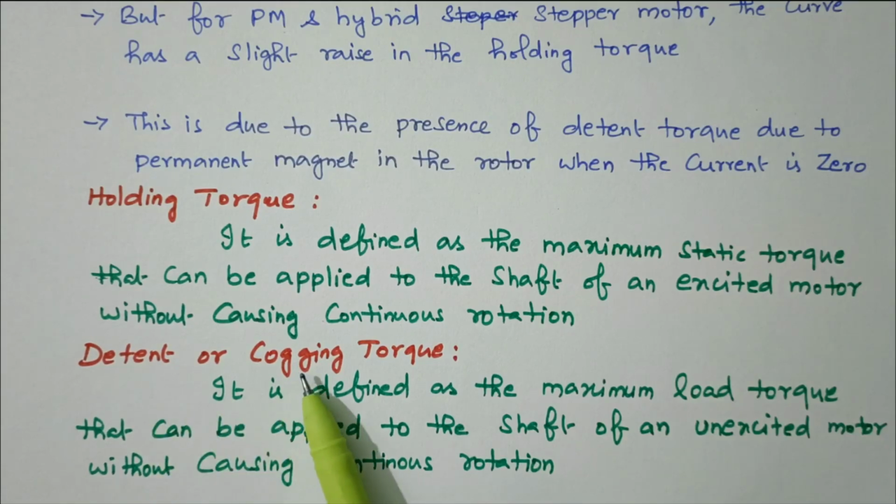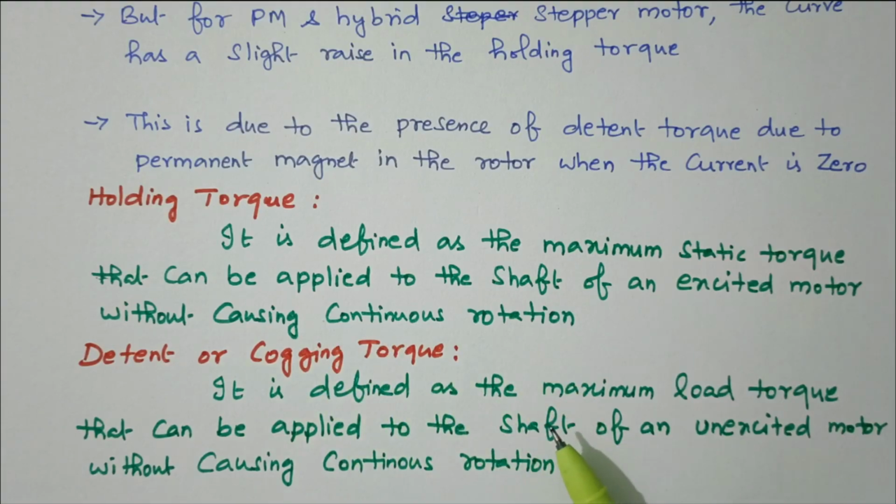Detent or cogging torque is defined as the maximum load torque that can be applied to the shaft of an unexcited motor without causing continuous rotation. Without excitation, some torque is available without causing continuous rotation. In both cases there is no continuous rotation, because we are discussing static characteristics.